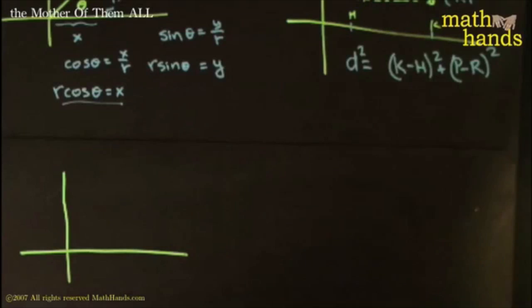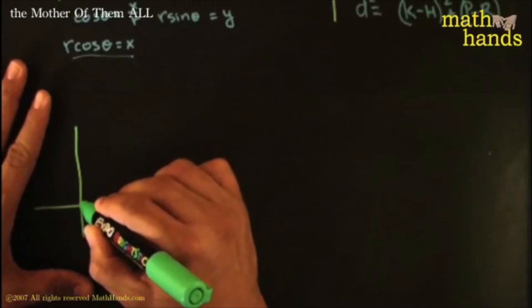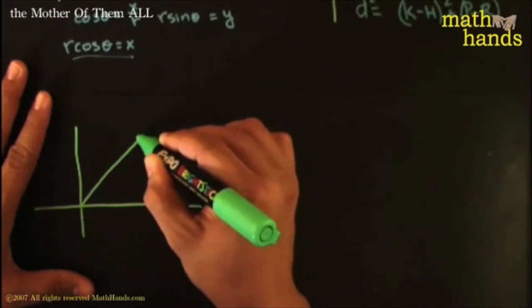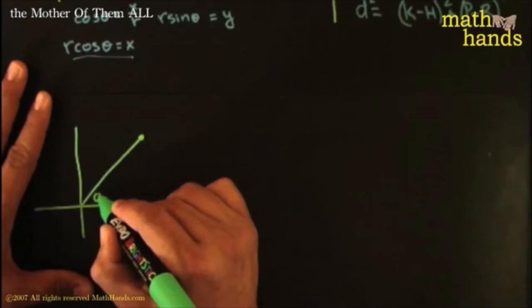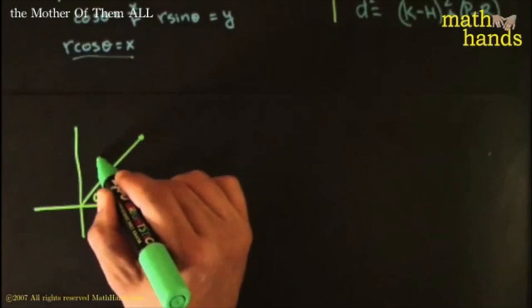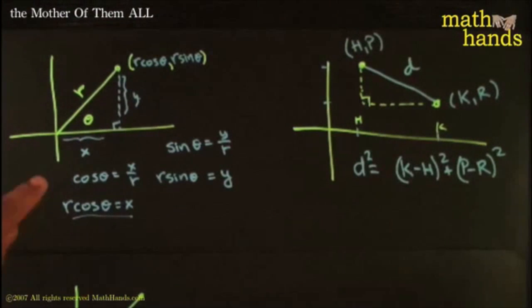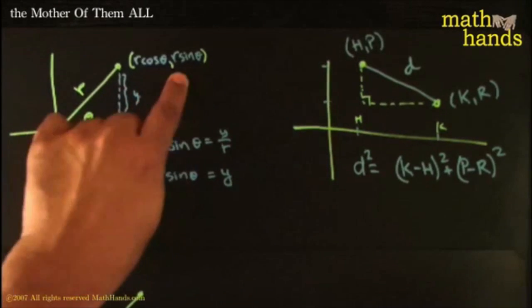Now here's the key to proving the mother of them all. You first start off with a segment of length 1. There it is, a segment of length 1. And we'll call this angle A. A will be exactly this angle, and this would be length 1. Now we've already practiced, that's why I left these up here. When you have an angle theta and a length, you should be good at finding the coordinates for that.